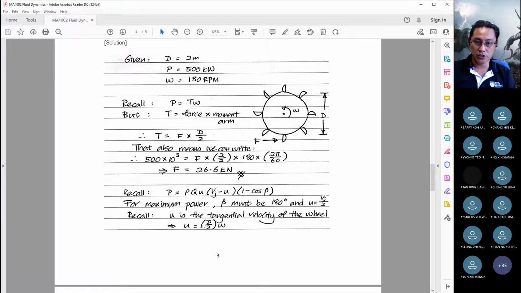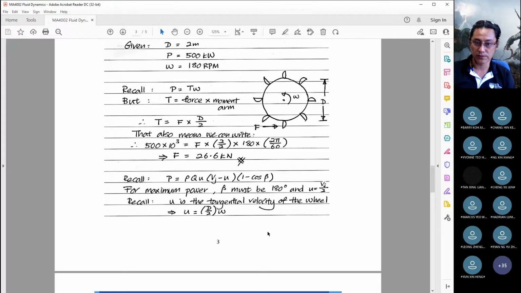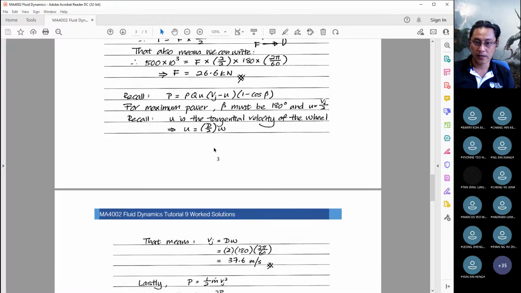Now, since U is the tangential velocity of the wheel, surely it will be easy for us to find out what U is. Because if we're able to find U, surely we'll be able to find Vj, right? If U equals D over 2 times omega, that means I can equate the right-hand side to the left-hand side here, shuffle the terms around, and I can get Vj equals D omega.